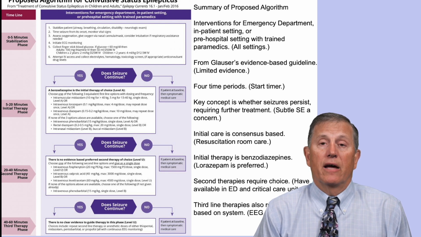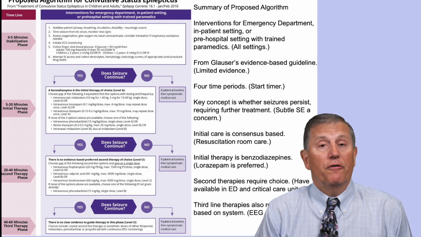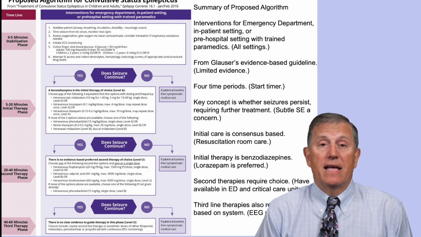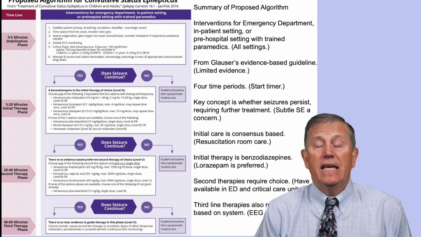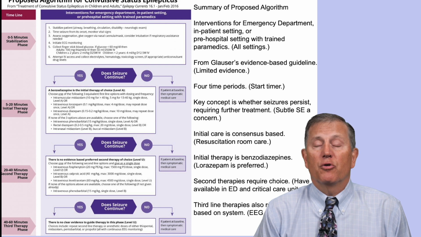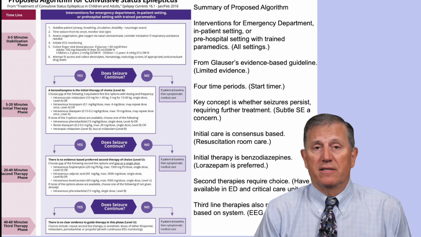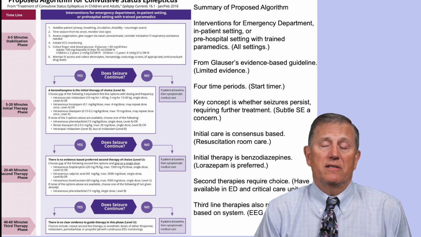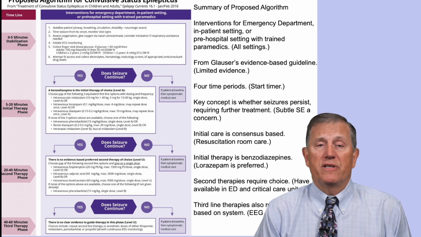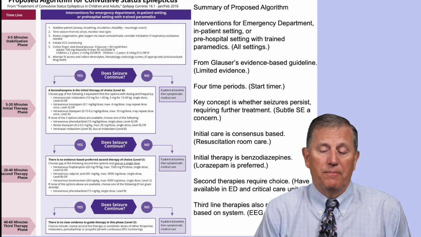We know that subtle status epilepticus is a concern, and that if you get to the third phase of treatment, it's necessary to provide ongoing EEG monitoring to exclude subtle status epilepticus. We know that the initial care is consensus-based, that is to say, the initial resuscitation is similar to the resuscitation of all patients who present in extremis, whether or not it's related to status epilepticus.